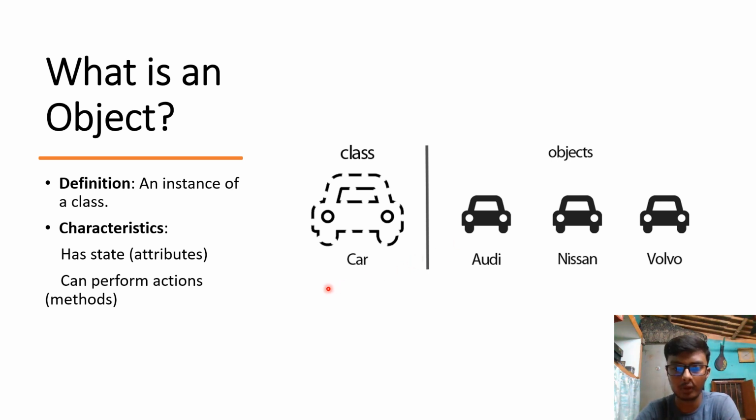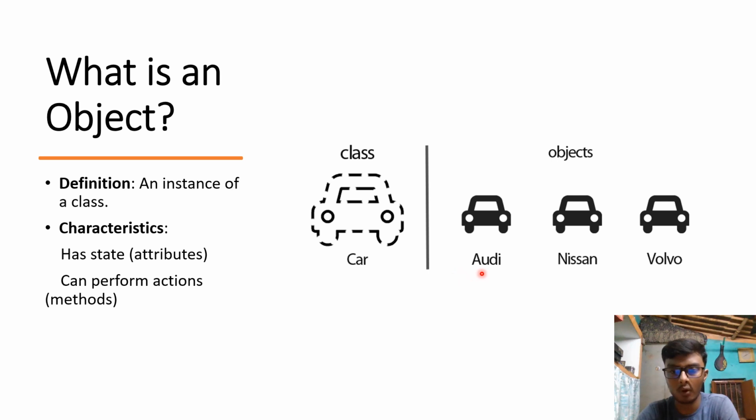Here I am going to take an example. Here is a class, and you could see this is a template. In this template it's already defined, I mean the common things about a car: a car should have two headlights, a car should have four wheels. Now we will create other objects from this particular template.